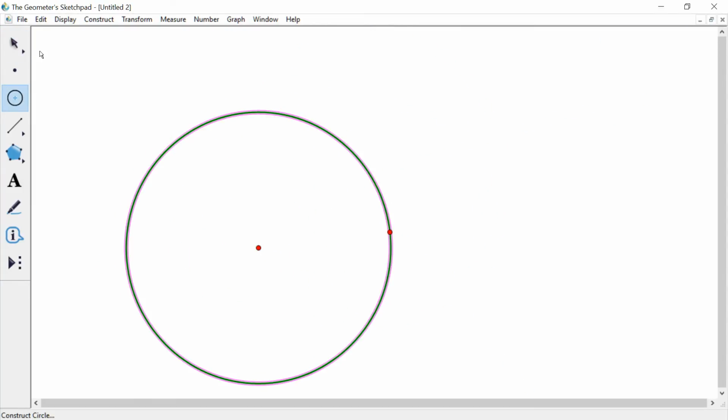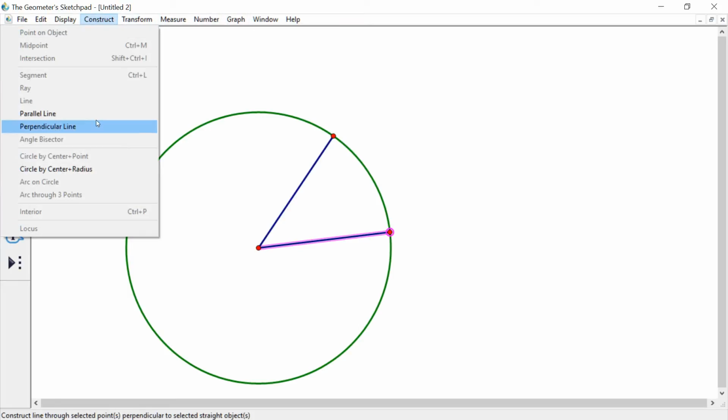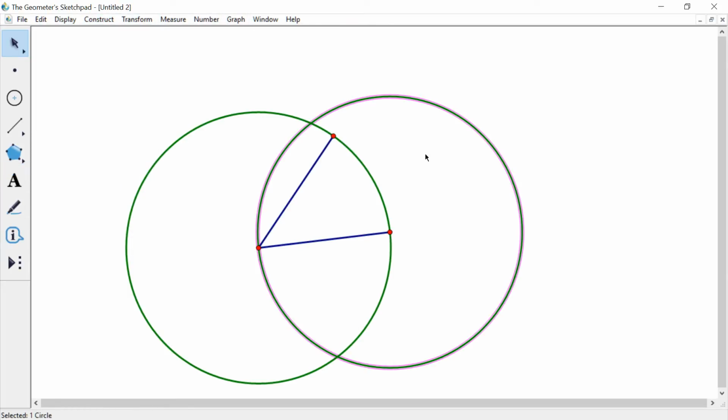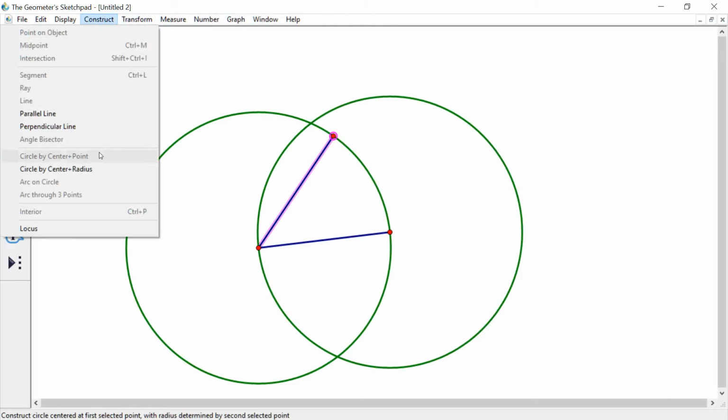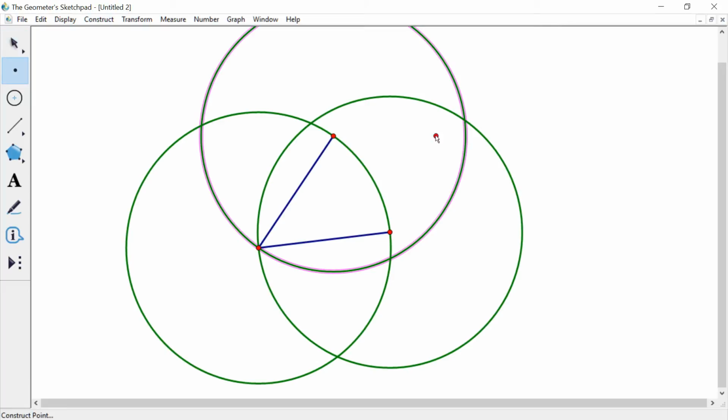Okay, so for a rhombus, do you guys know how I could construct a rhombus? Here, I'll construct a circle at this as its center with the same radius as that. And I'll do the same thing for this center and that radius. And the intersection between these two.